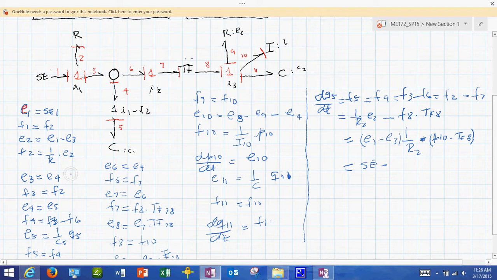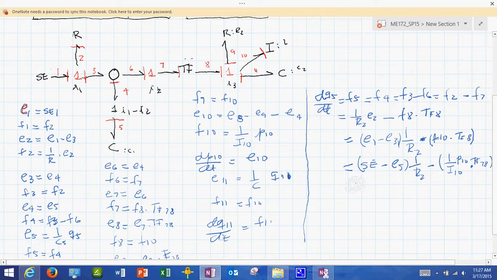And E sub 4 is E sub 5 times 1 over R sub 2, minus F10 is 1 over I10 times TF 7, 8. Okay.